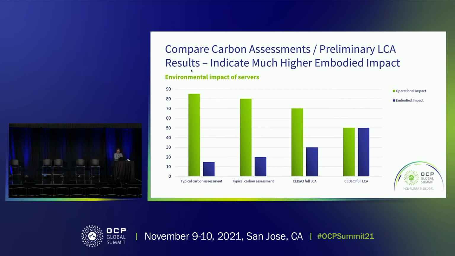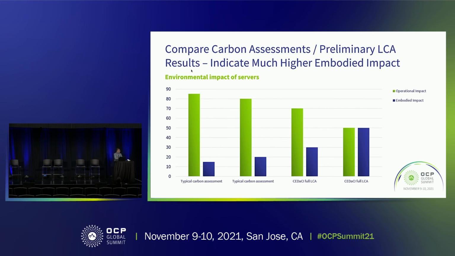And we can see the difference between carbon assessment and full LCA here. The results are quite dramatically different. With carbon equivalents, if you compare the impact of the operational phase and embodied impacts, typically we see that embodied impact only accounts for something like 15 to 20% of overall life impact.